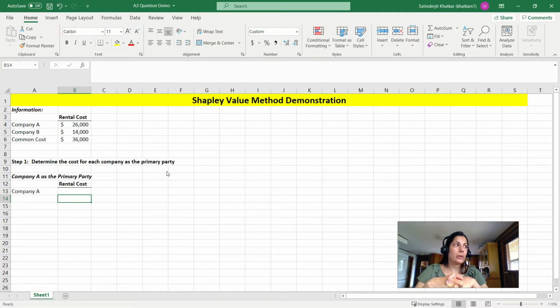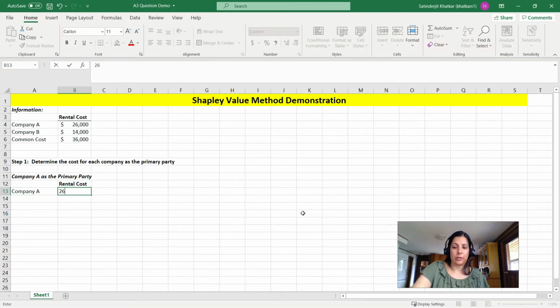Primary party refers to being the main party who will be using the equipment primarily. Let's start with Company A as our primary party. If Company A is a primary party, their cost is going to be what they would have paid had they rented the equipment on their own, which is $26,000, as given in the information.